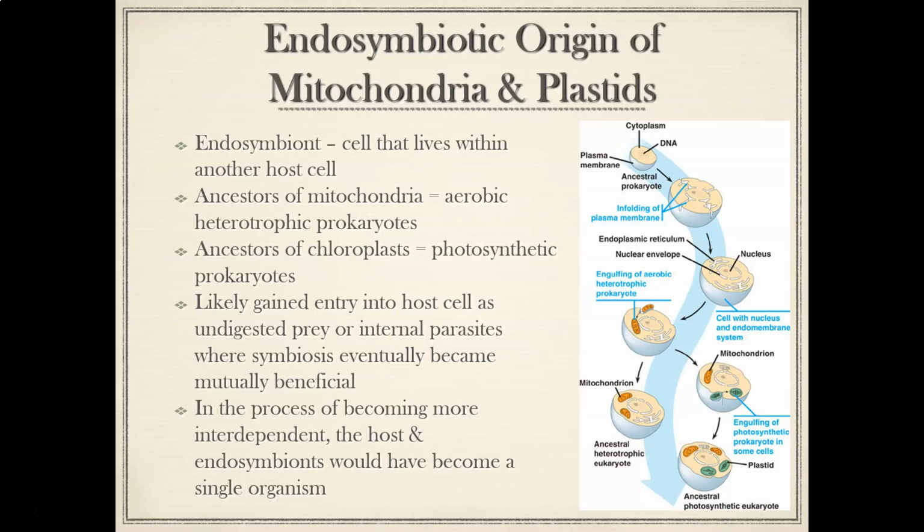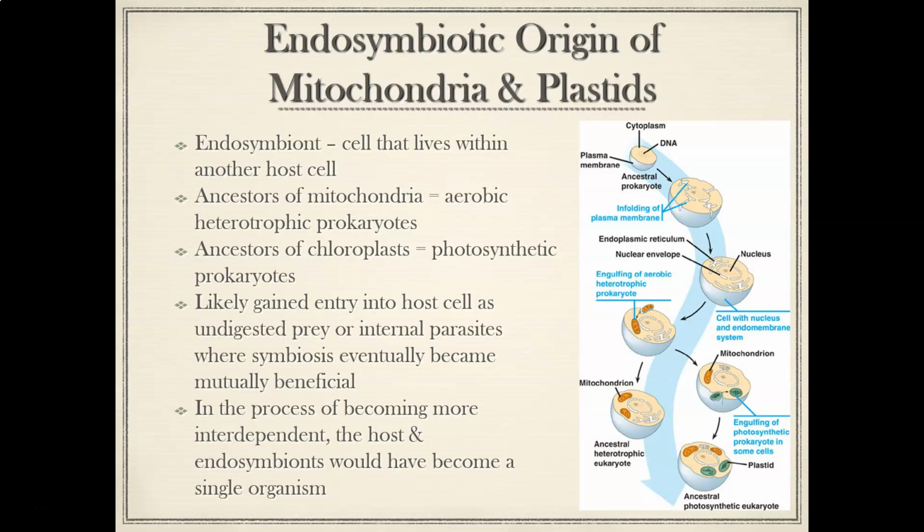So instead, because these ancestral mitochondria and ancestral chloroplasts were capable of doing processes that that larger host cell was unable to do for itself, somewhere along the way, a symbiotic, more specifically, a mutualistic relationship evolved.